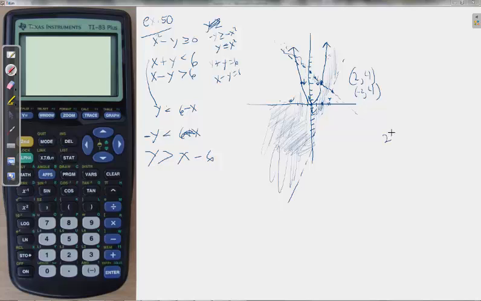So you get 2x equal 12 and x equals 6. So y would be 0. Yeah, that'd be 6, 0. 6, 0 and 2, 4. Just verify 6, 0 works. Yeah, it works fine for both. So these are the 2 vertices. It is unbounded, and we're good.